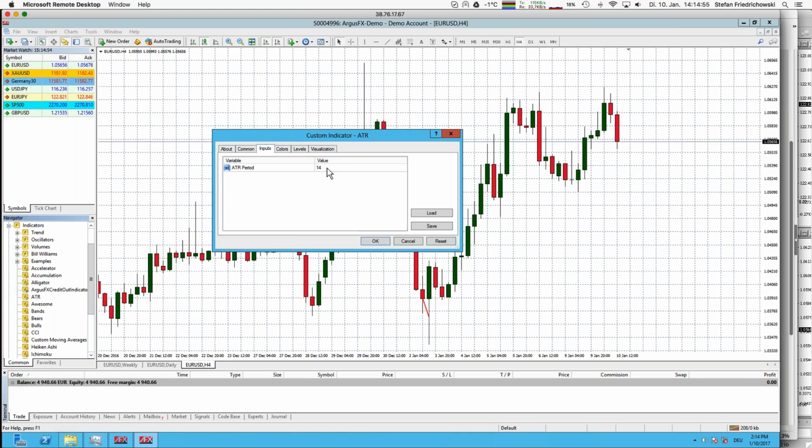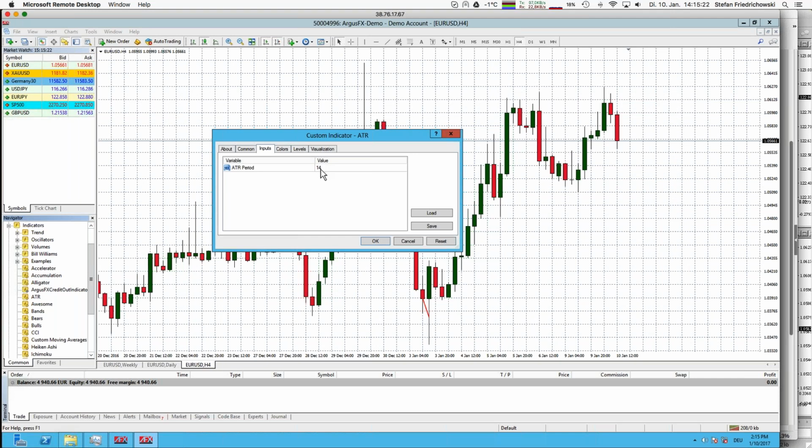The meaning of the value is that 14 candles are taken from the history of prices in order to calculate the average true range. So if we increase the number from 14 to, for example, 20, then we would take the last 20 candles in order to get that number.